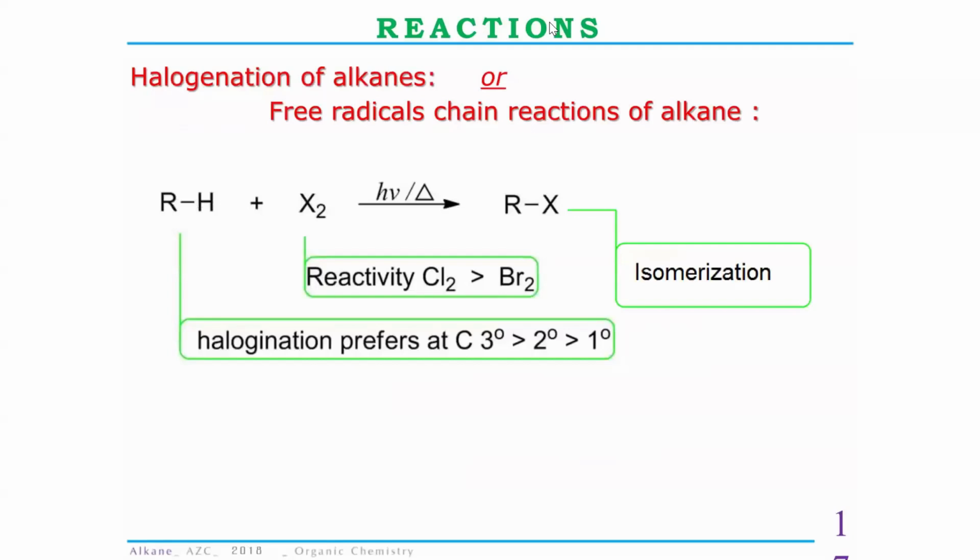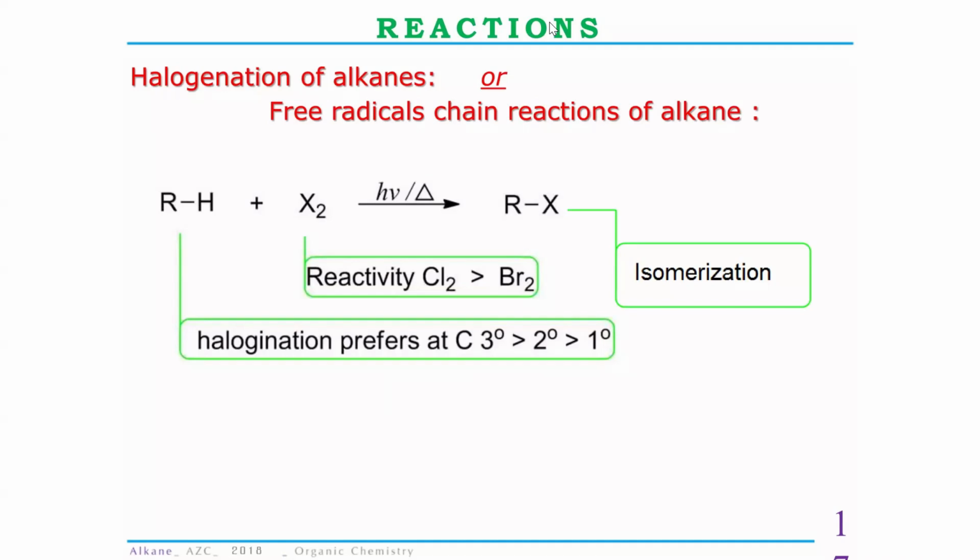In the presence of ultraviolet light and heat, the halogens react with alkanes to generate alkyl halides, and the reactivity of chlorine is greater than that of the bromine molecule.